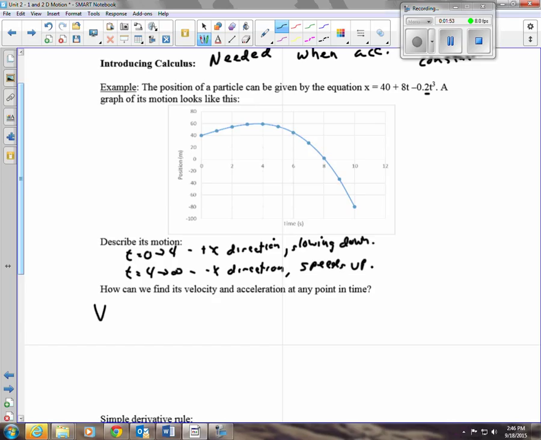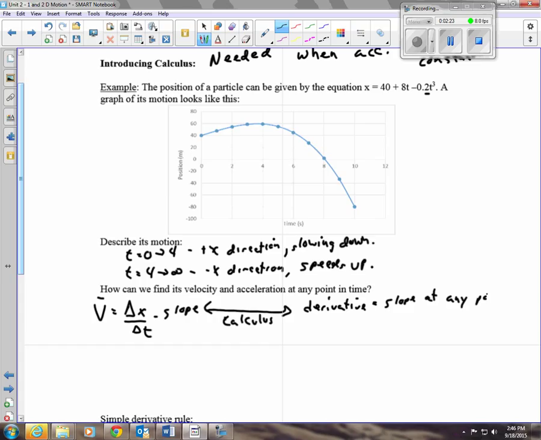So if I had a position time graph, I would find its average velocity by doing change in x over change in t. It's basically the slope. Now what we do in calculus is we find the derivative, which is the slope at any point in time.